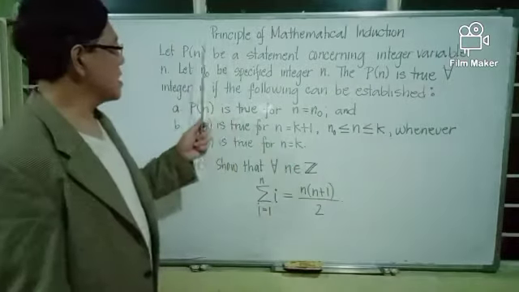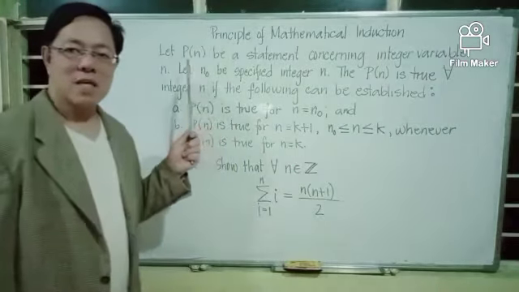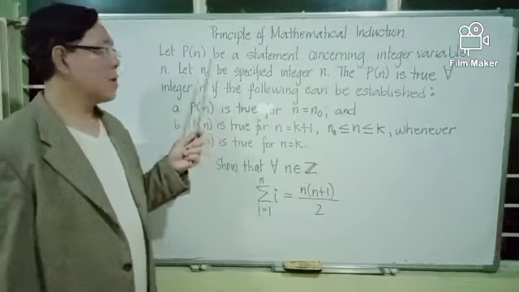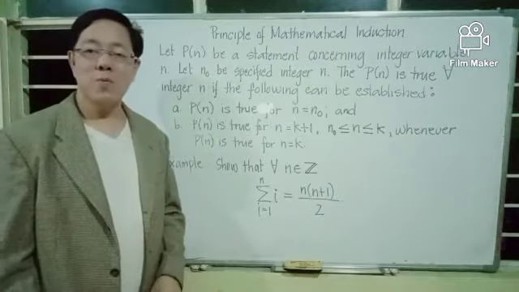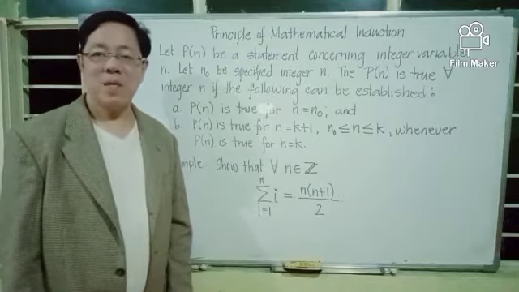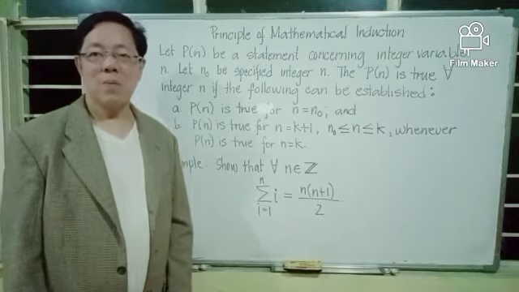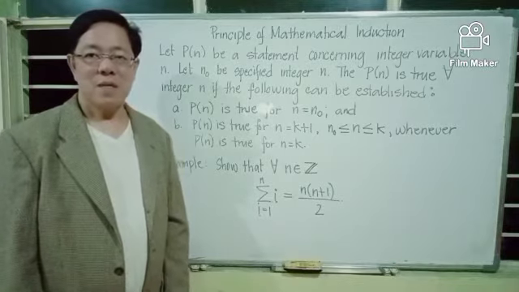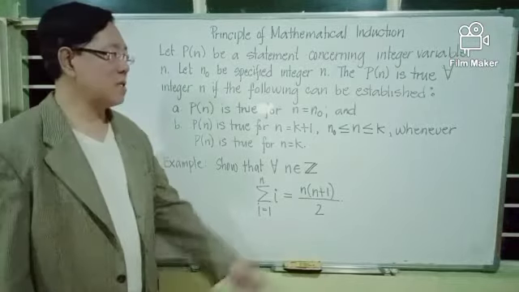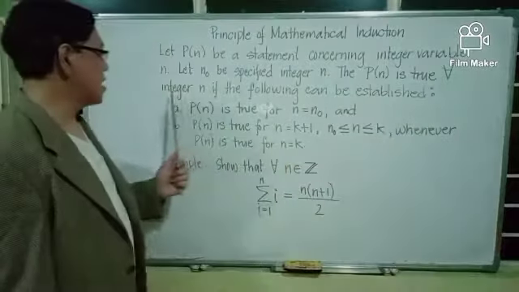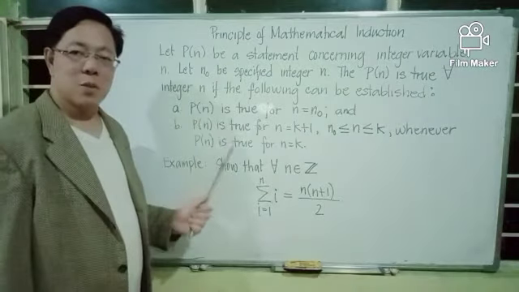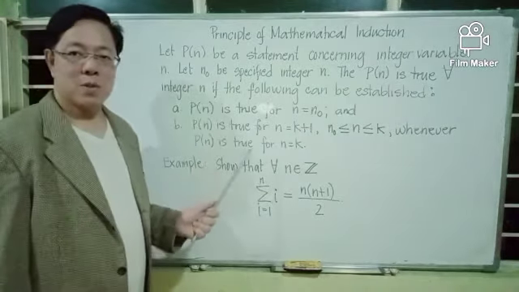Now, if there is a given statement concerning integers, in the form of an equation or formula where the variable n is an integer, and you want to prove that it is true for every integer n, then these two must be shown to be true.